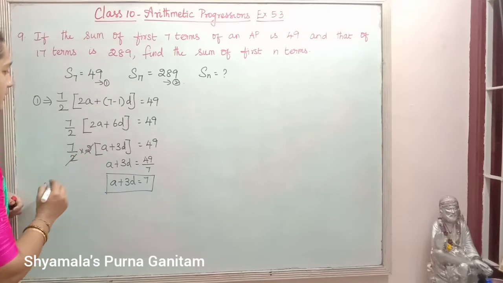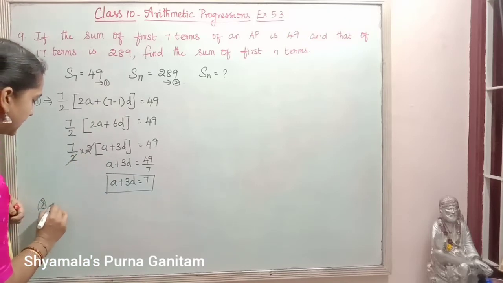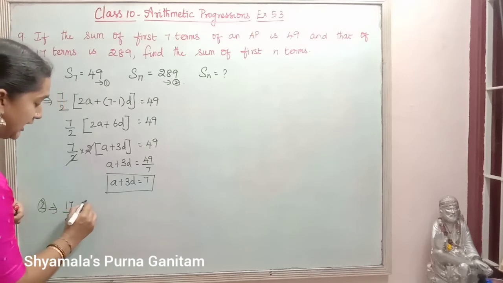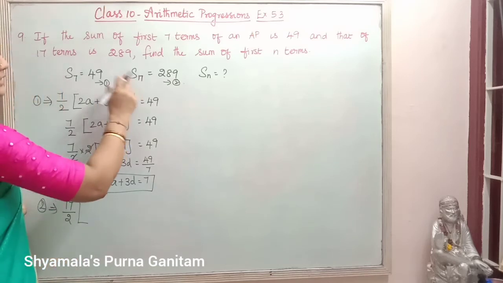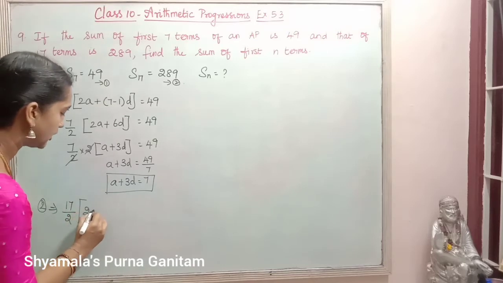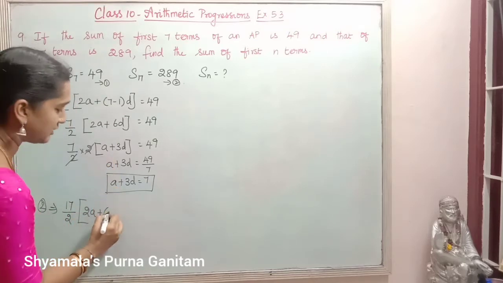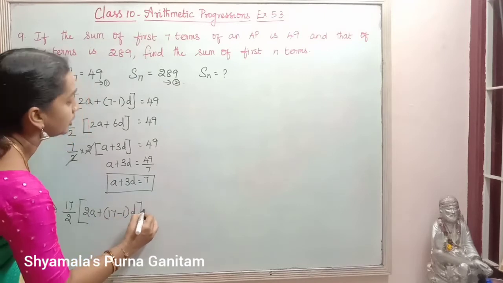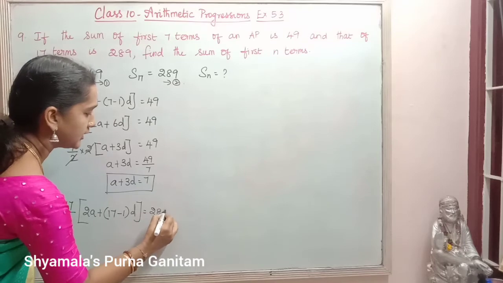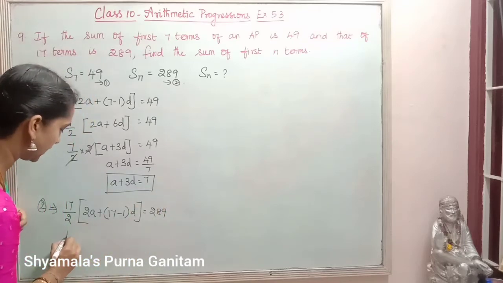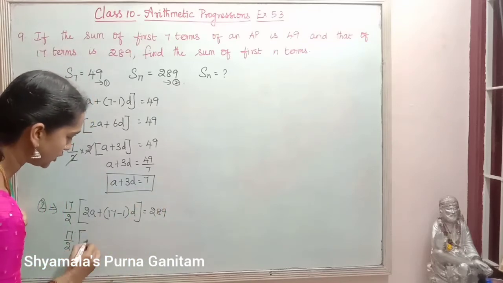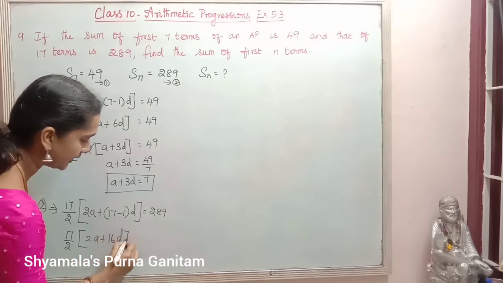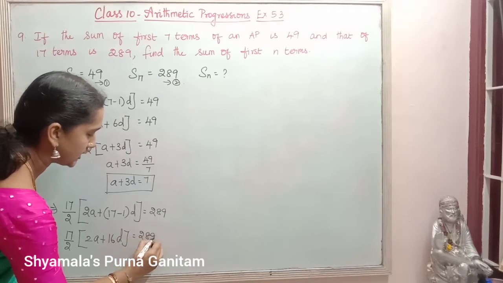Okay, the same thing we will do for the next one also. The second one is S17. So n by 2, n is 17, into 2a plus n minus 1, which is 17 minus 1, into d, is equal to 289.